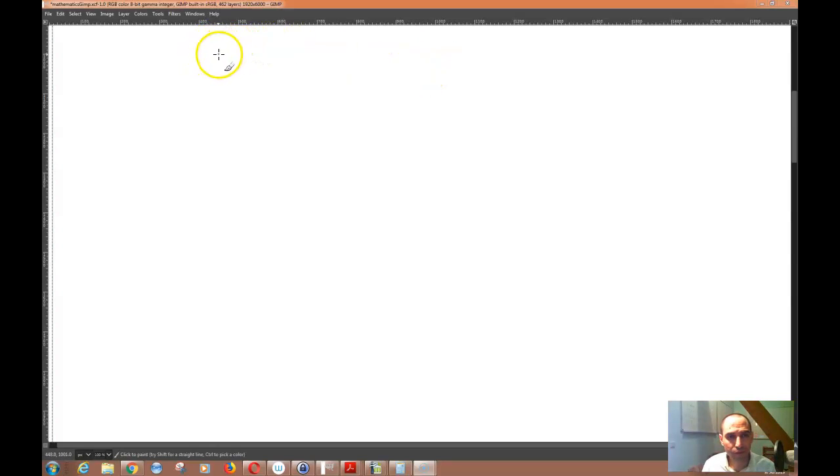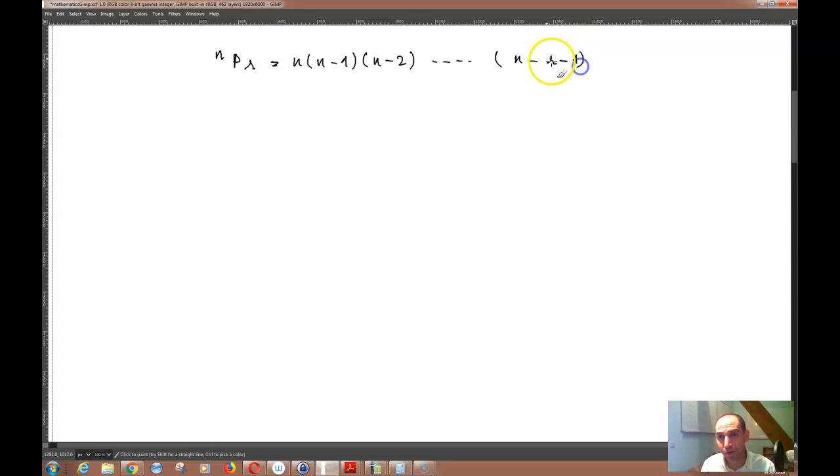So previously we said that n permutation r was equal to n times n minus 1 times n minus 2 times all the way up to n minus r minus 1, which is equal to n times n minus 1 times n minus 2 times all the way up to n minus r plus 1.